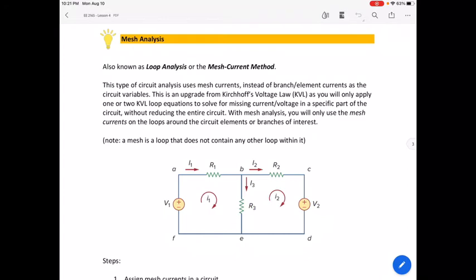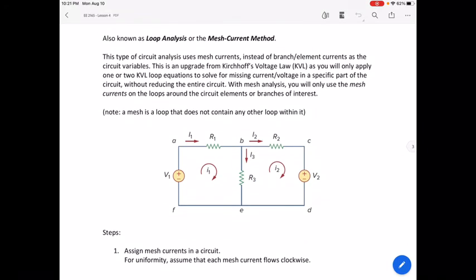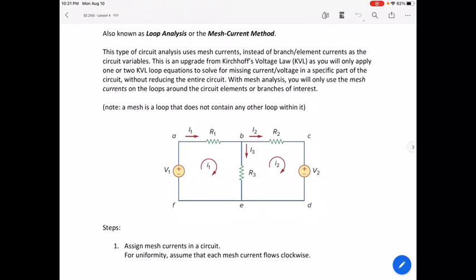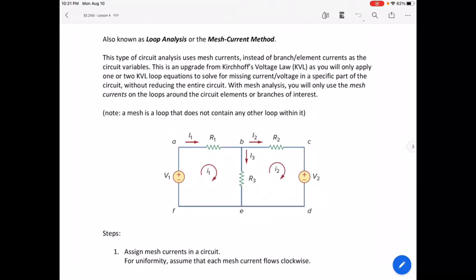Now for mesh analysis, we have upgraded from KVL. So those are the two main differences that they have for both nodal and mesh analysis. The difference between a mesh and a loop is that a mesh is a loop that does not contain any other loop within it. So these are exclusive loops. So that's how we define mesh.